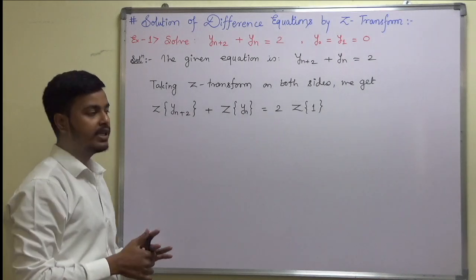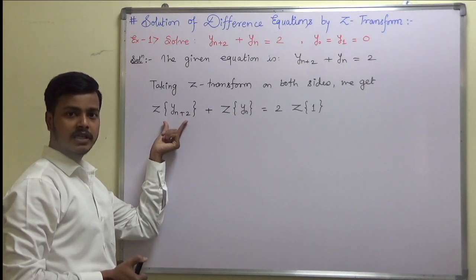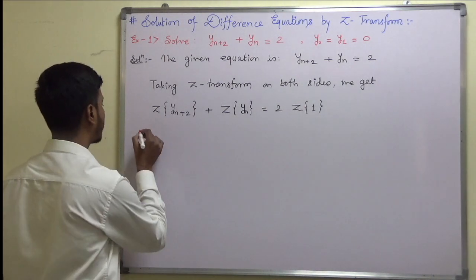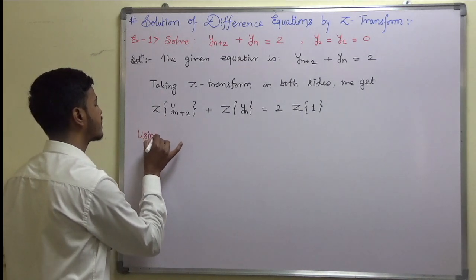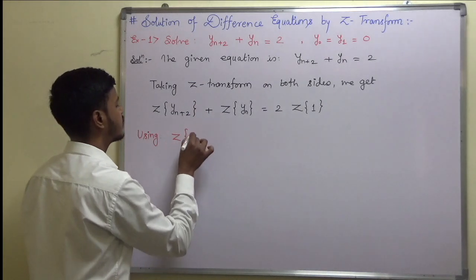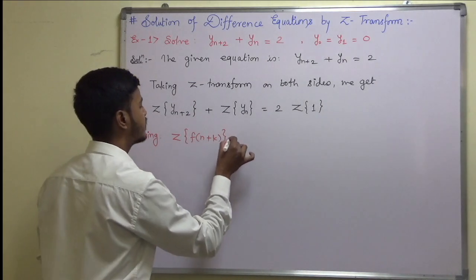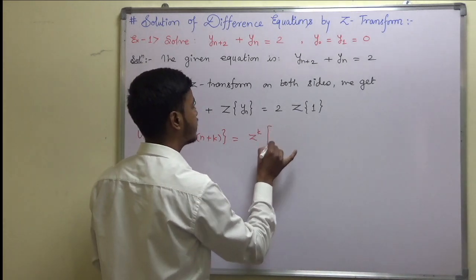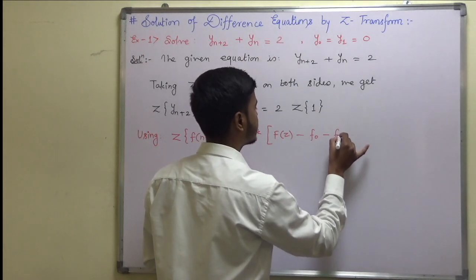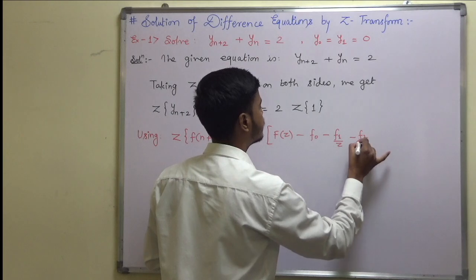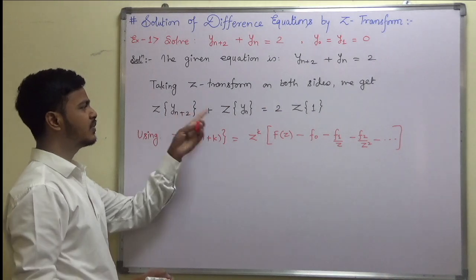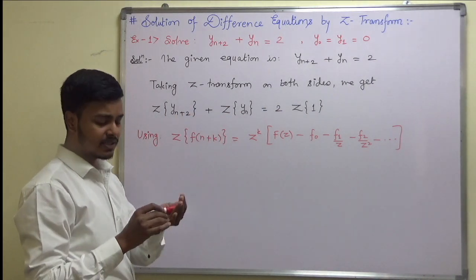Now here you can make use of the shifting property. If you want, I can rewrite that shifting property: Z transform of f of n plus k is equal to z power k f of z minus f0 minus f1 by z minus f2 by z square minus and so on. And the other notation, Z transform of y n, I can write as y of z.